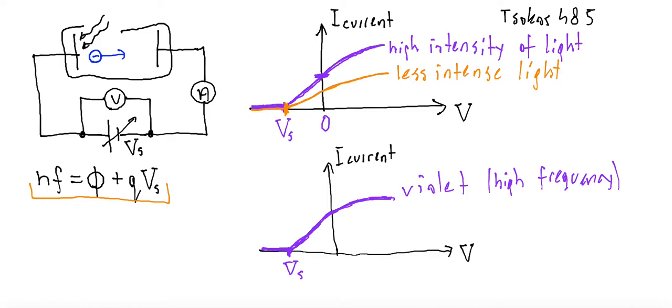And let's imagine that the photoelectric effect occurs. It means that the frequency of green light is high enough to emit electrons in the circuit, which means that h times f for green light is still bigger than the work function for this given material. Is that clear?